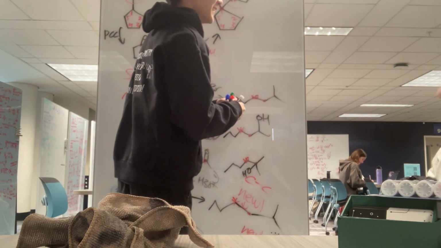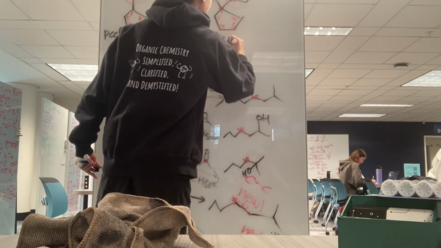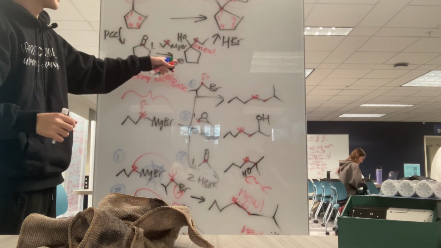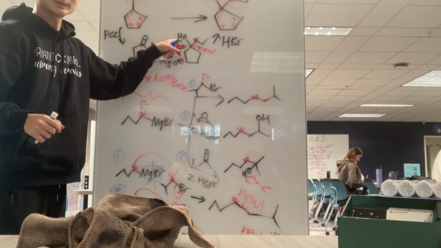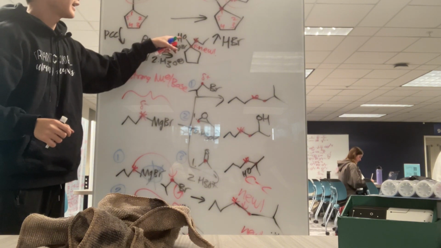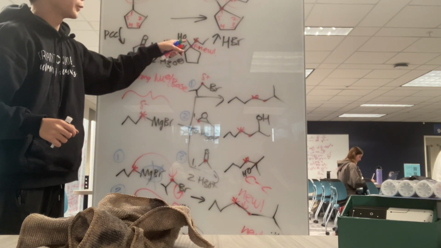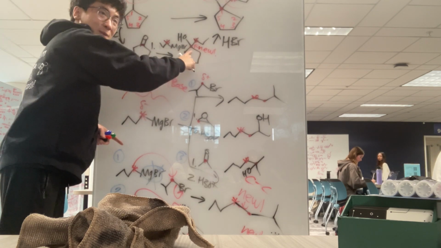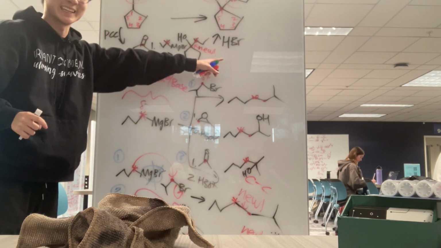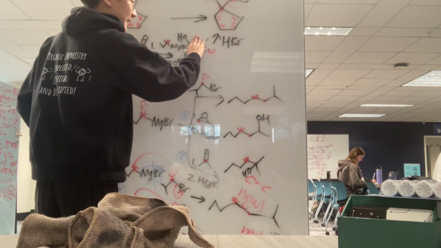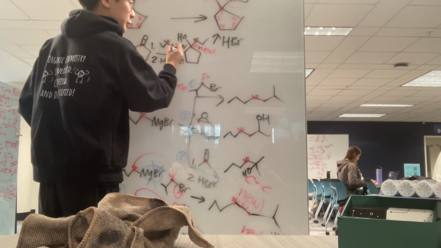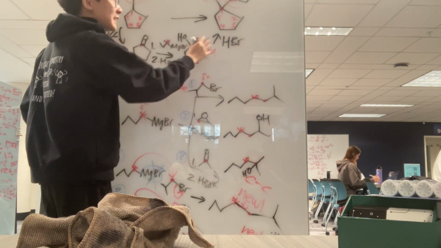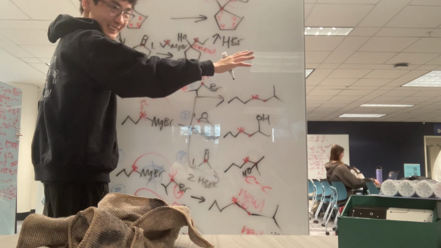Okay, HBr is one, right? And we don't have to worry about carbocation rearrangement because once this becomes OH2 plus, we form a carbocation when the OH2 plus leaves, and the Br minus can attack that carbon right there. But this is very risky because if this was a secondary carbon and you had a tertiary carbon here, you would do a hydride shift. But in this case it worked out. We don't have to worry about that.